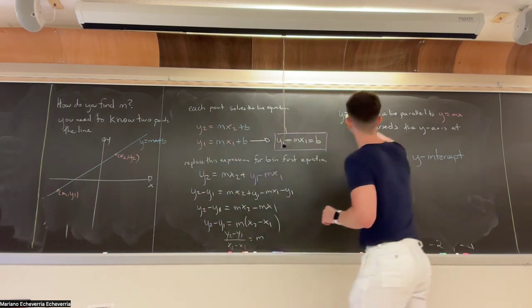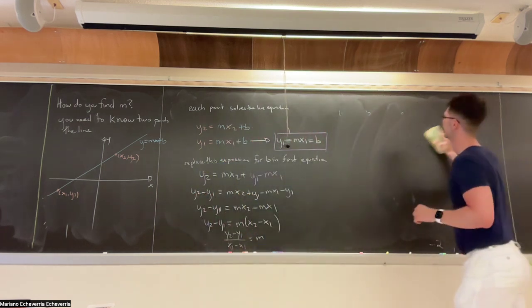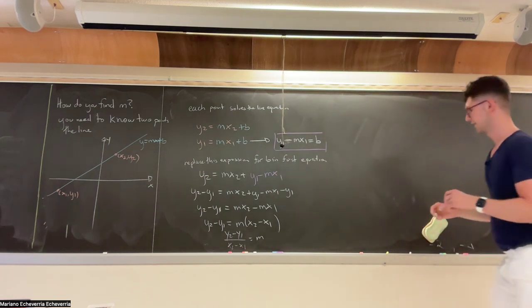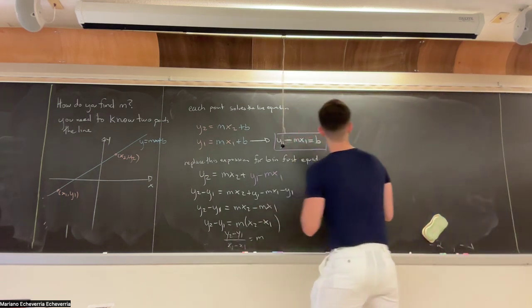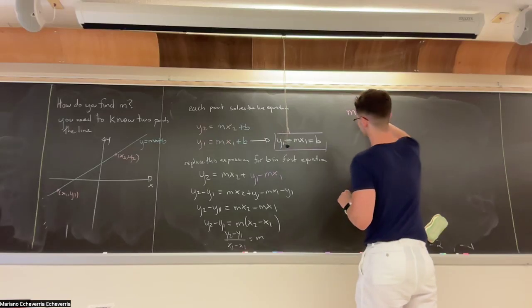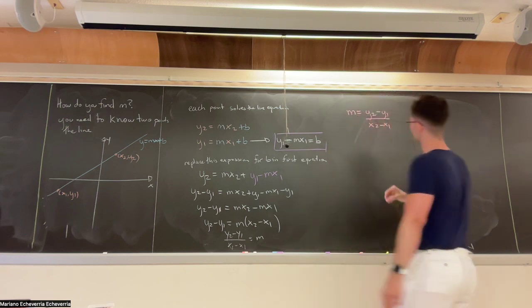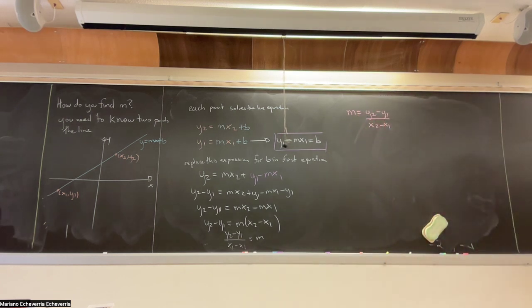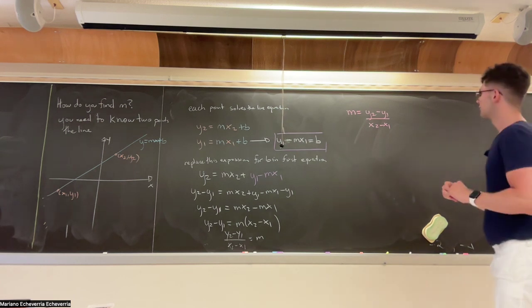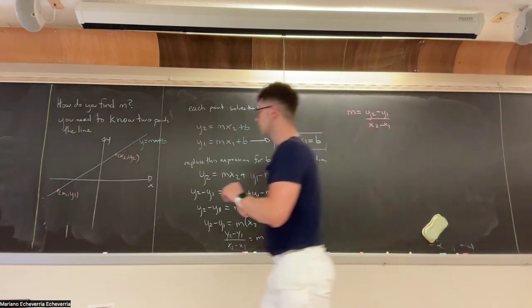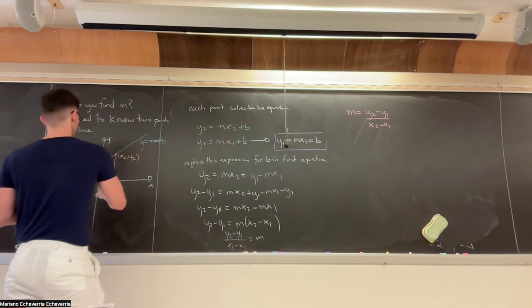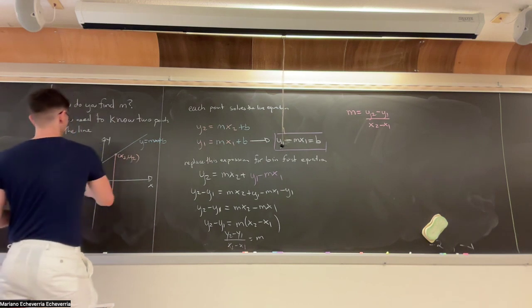And so that's the last important formula that I have to tell you: the formula for the slope is y2 minus y1 over x2 minus x1. When you have two points on the line, you can compare their y values and their x values.